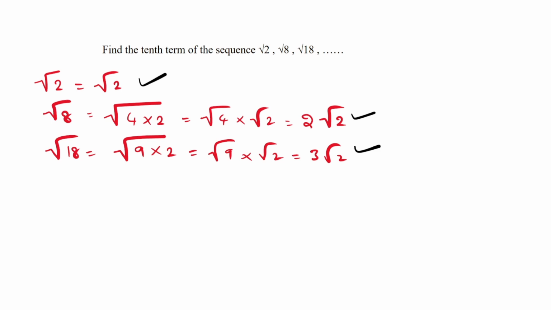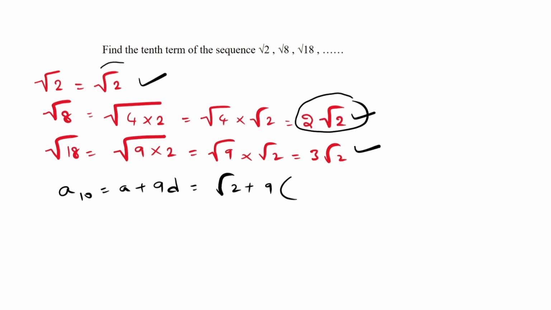So what will be the 10th term formula? A10 equals a plus 9d, where a is nothing but the first term. First term is root 2 plus 9 into d, meaning common difference, right? That is second term minus first term or else third term minus second term. So here we got the second term as 2 root 2 and the first term as root 2.